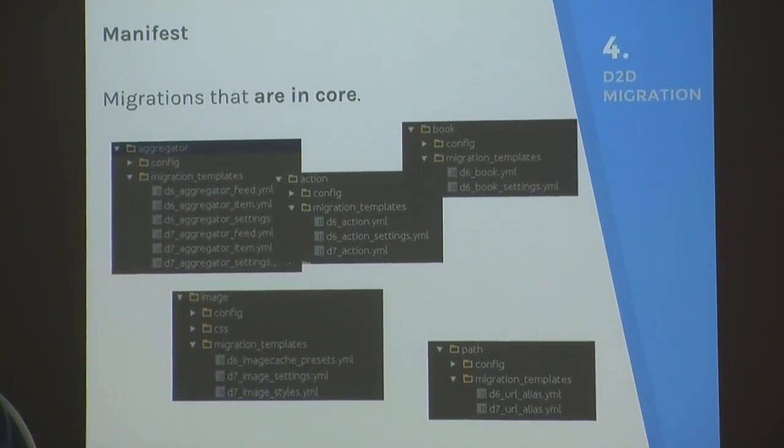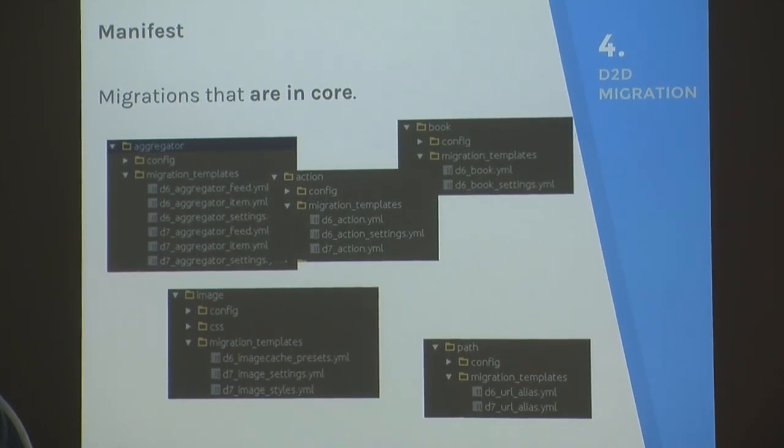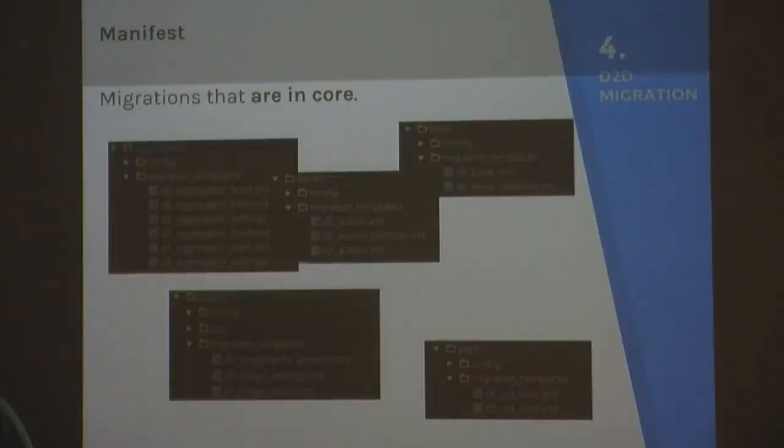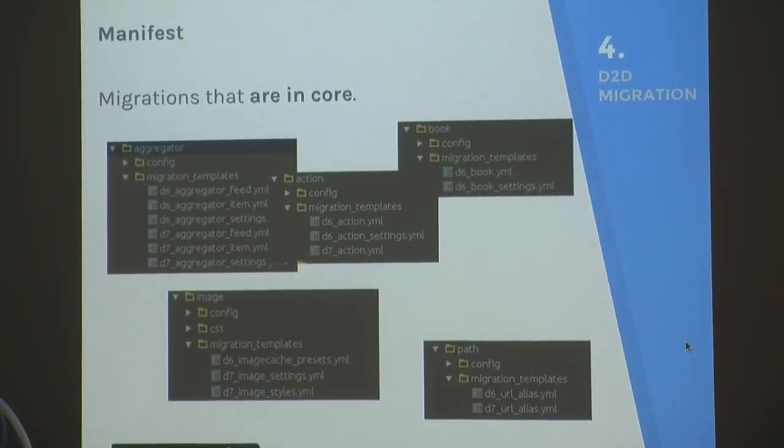And you can pick any of these YAML files, put them in your manifest, and execute and migrate fields, create new fields, create blocks, many of these migrations. And this is everything. I think I went too fast.